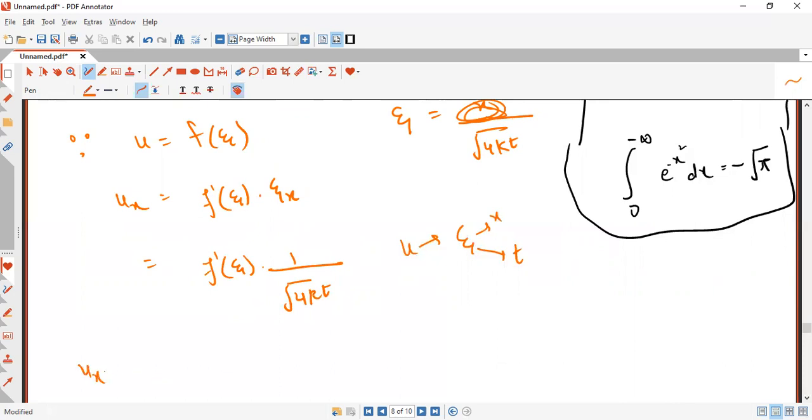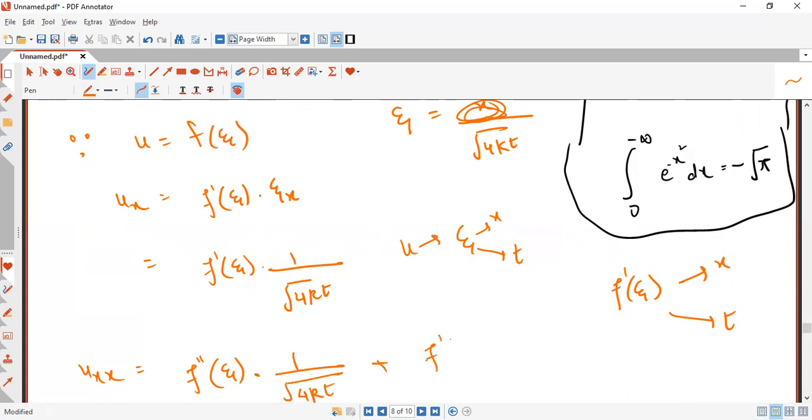Now uxx. Now I know that this xi is a function of x and t both. So if I differentiate f dash of xi, which is again a function of x and t, with respect to x here, what will it become? F double dash of xi into 1 upon root 4 kt as it is, plus f dash of xi into differentiation of this, which is 0.